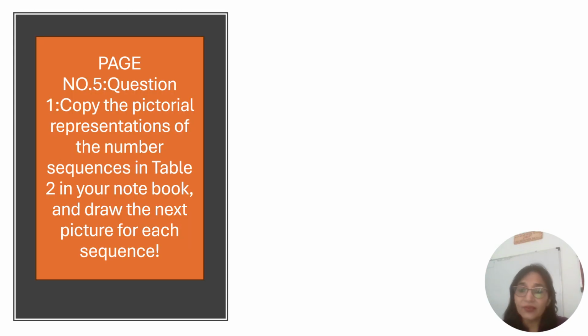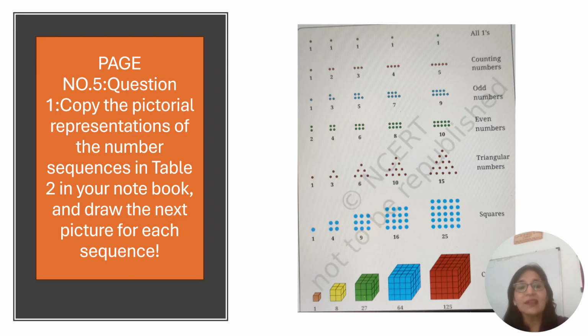Now, page number 5 from your textbook, question number 1. You need to copy these pictorial representations of the number sequences in this Table 2 in your notebook, and draw the next picture for each sequence. Quickly, if you see the table here, children, it is also in your textbook. You find all ones, then the counting numbers, the odd numbers, the even numbers, then the triangular numbers.